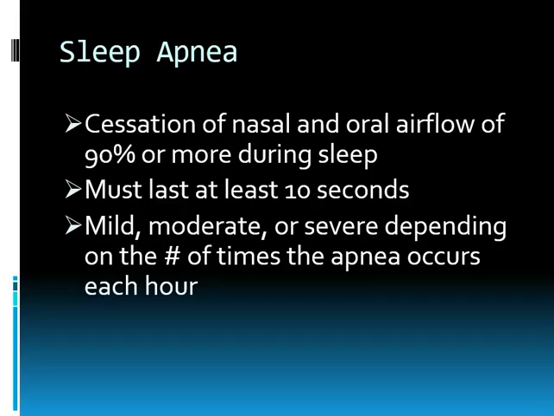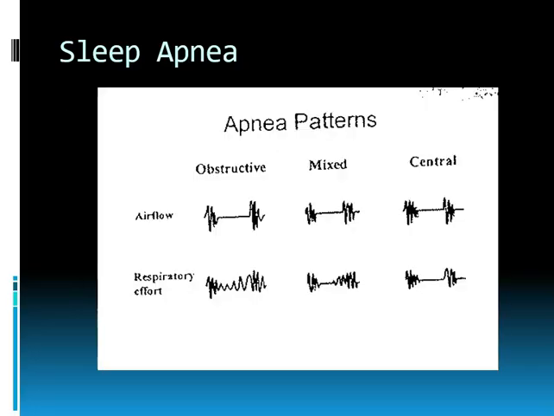So you might still see just a tiny little breath, but the gist of it is that you don't have airflow for at least 10 seconds, a significant reduction in airflow is really what it is. You guys know we determine the severity of it based on how many times it occurs each hour. So looking at our AI, our apnea index, our AHI, our RDI, that's where we really look at the severity.